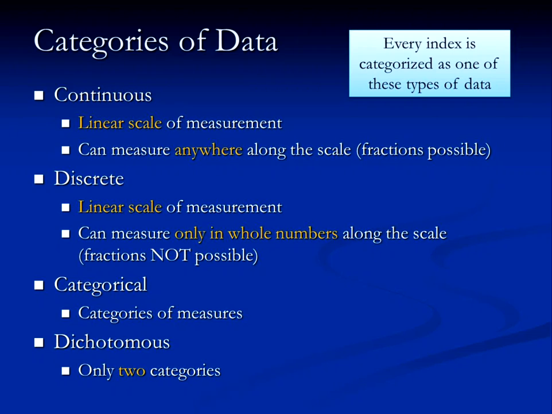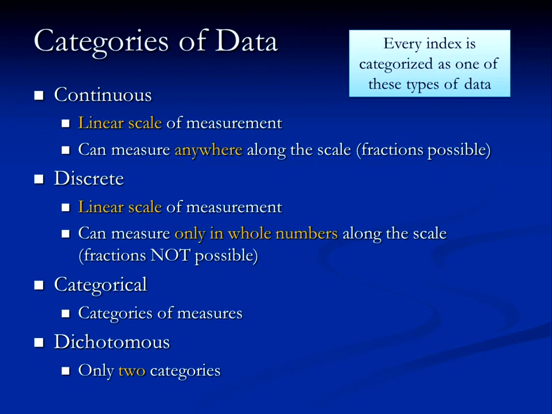So we can go from 0.1 millimeter to 10 feet in height. And where someone falls in terms of their height can be anywhere along that scale. So, for instance, I'm 5'6", so I would fall kind of right in the middle of that scale if we were going from 0 to 10 feet.